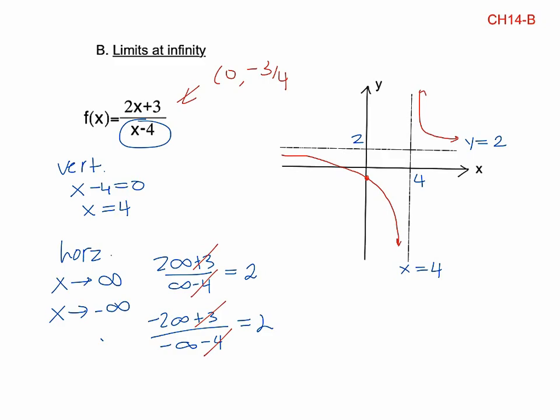So let's talk about infinity one more time. As x approaches negative infinity, the y value is approaching, getting closer and closer to 2.